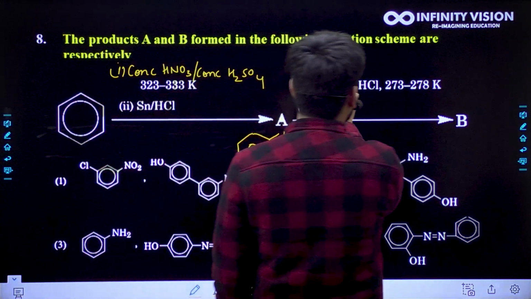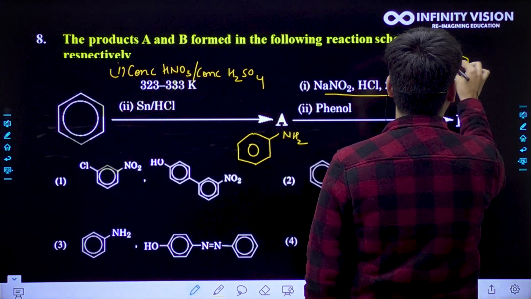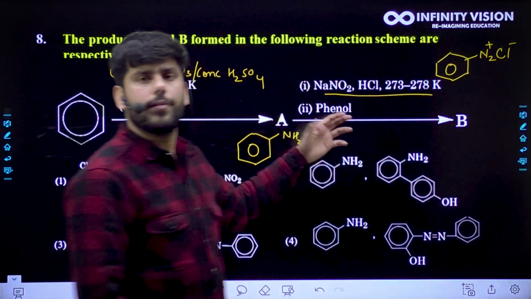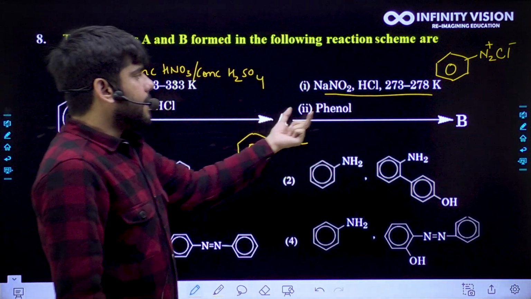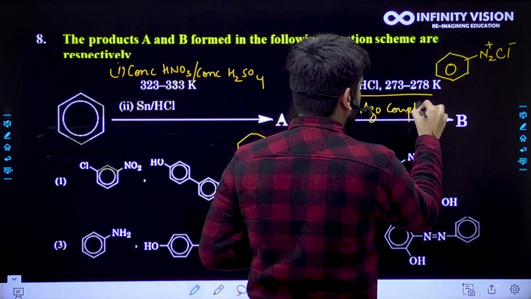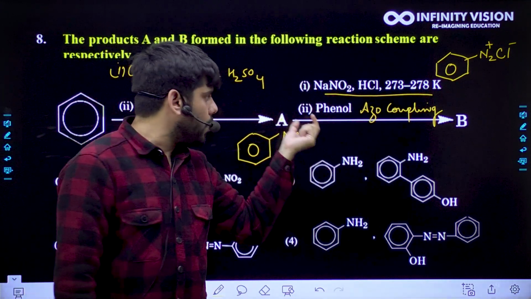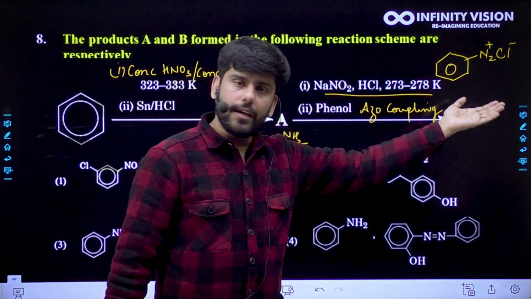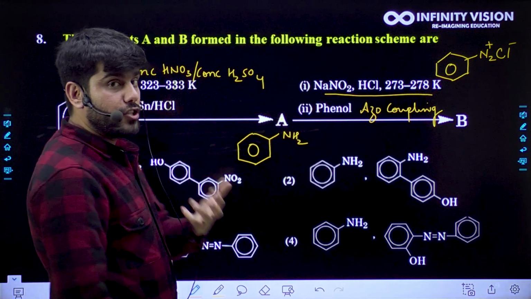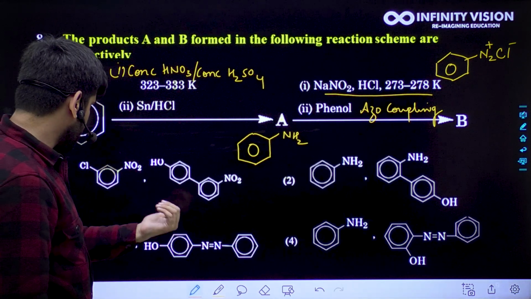Now this is the diazotization reaction. So what we get from the first one is the diazotization reaction, benzene diazonium chloride salt, and the next part is your azo coupling. So the position which is para to the phenol OH gets coupled with the benzene diazonium salt, and what we get is a dye which is an orange colored dye, para-hydroxyazobenzene.